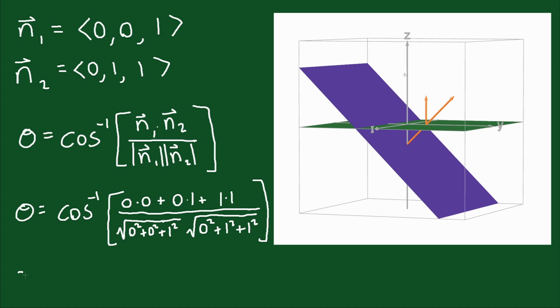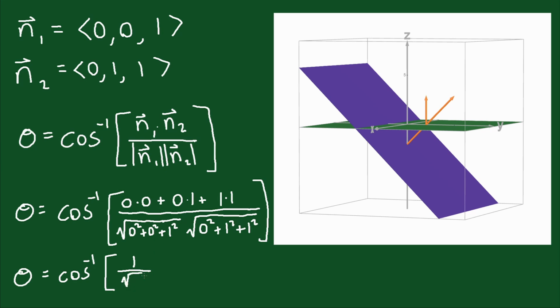If you do all of this, you'll get theta is equal to cosine inverse of, well, on the top you're just going to have 1, and in the denominator this first root turns into just 1, right? Square root of 1 squared, it's just 1. And then over here you have 1 plus 1, which is equal to 2, square root 2.